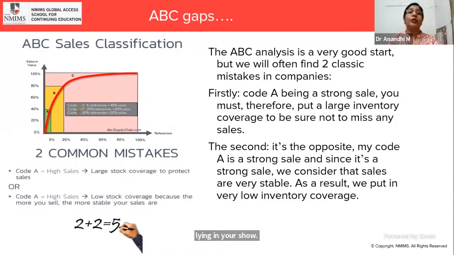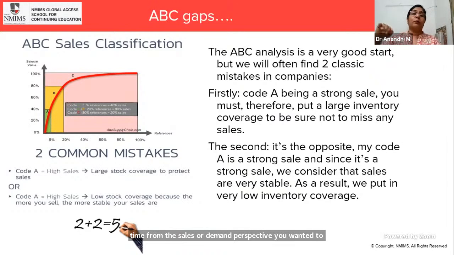In that case, you need to do ABC classification, which will tell you the value of your capital invested. At the same time, from the sales or demand perspective, you want to understand which are the fast moving products. So there it becomes necessary to go with either ABC plus XYZ or ABC plus FSN. Together you will understand, and the results will tell you which level of inventory you should hold for a respective category of product, right?